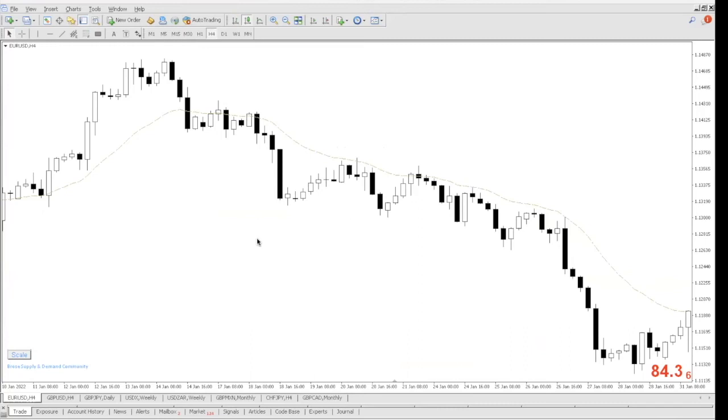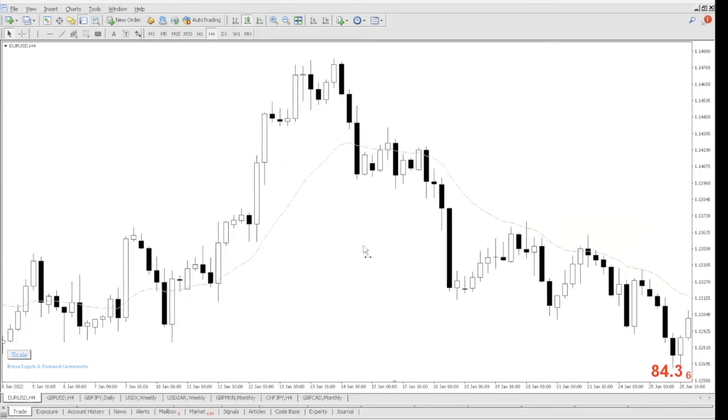The first touch, we call it a fresh zone. Mostly fresh zones are high probability zones. A retested one is not high probability, but yes, they do work.